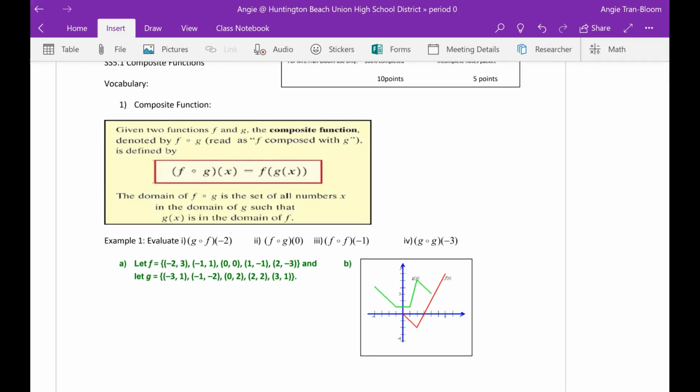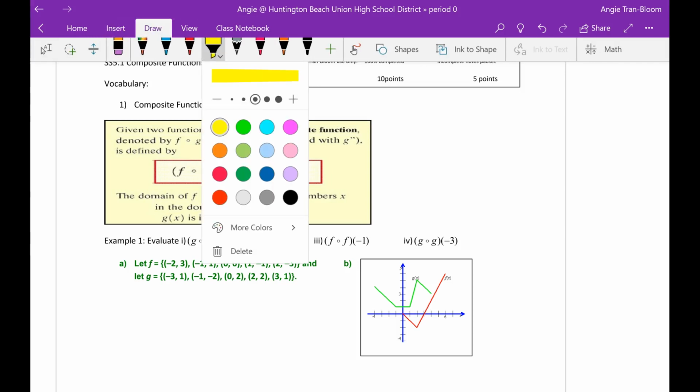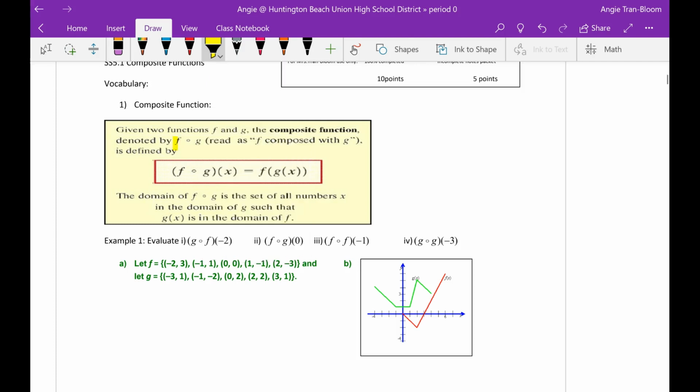Given two functions, f and g, the composite function denoted by f bubble g, okay? It's not a multiplication. I want you guys to be very clear. It's like a bubble. It looks like a degree symbol. So f bubble g, read as f composed with g, is, so f bubble g of x, okay?